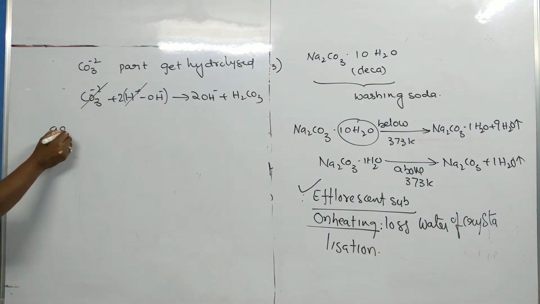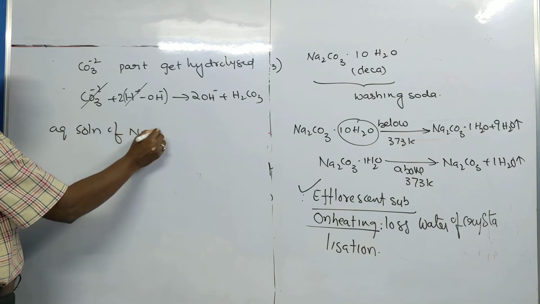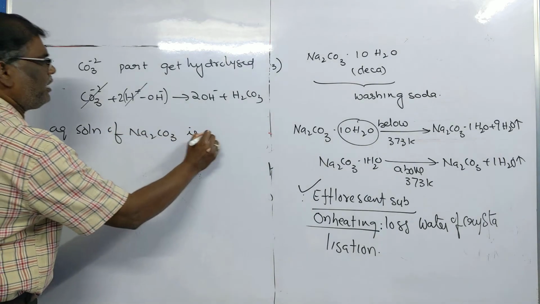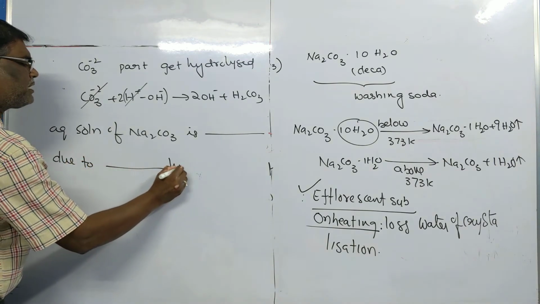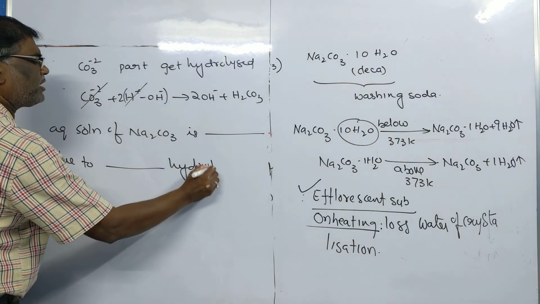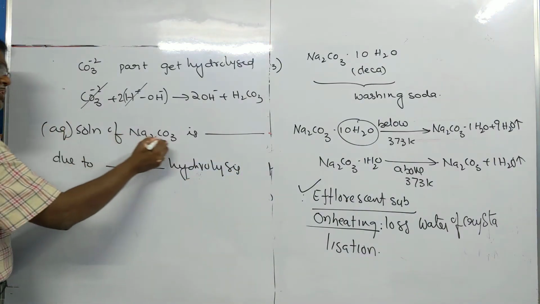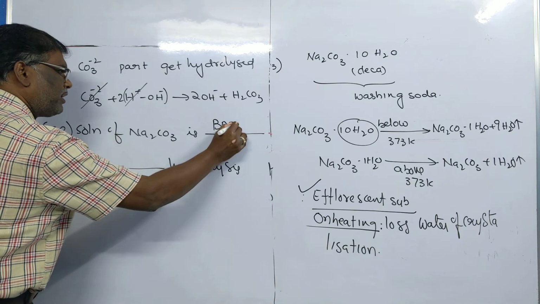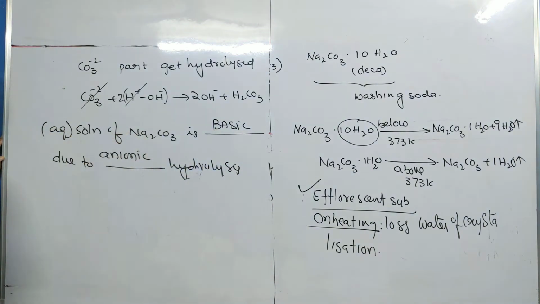So we say, aqueous solution of sodium carbonate is dash due to dash hydrolysis. What is the right answer? Aqueous solution of sodium carbonate is basic because of anionic hydrolysis.